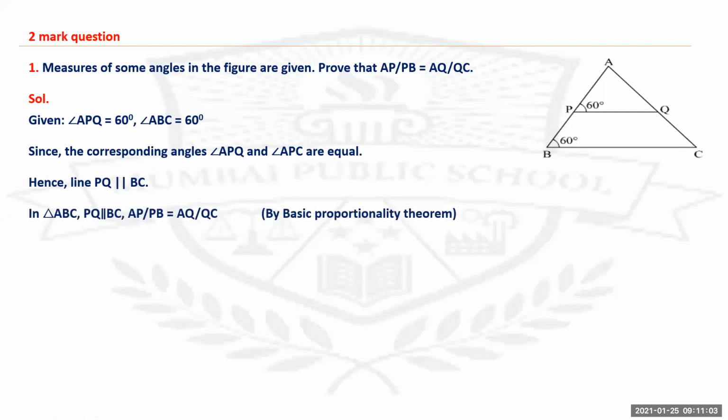In triangle ABC, PQ is parallel to BC. Now, as PQ is parallel to BC, which theorem can you apply? You can apply the basic proportionality theorem. So by applying the basic proportionality theorem, we get the corresponding ratios equal, that is AP upon PB equals AQ upon QC. Understand this kind of questions.